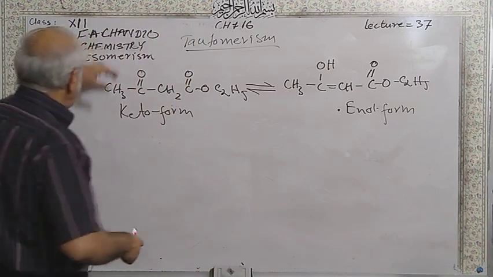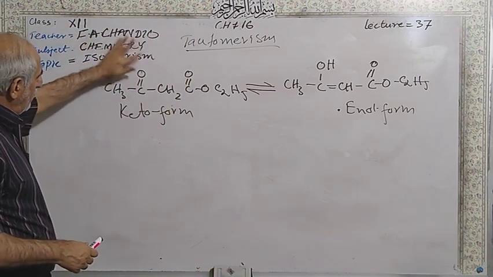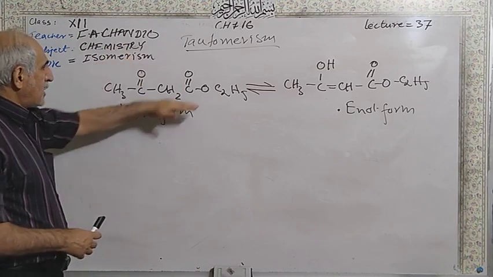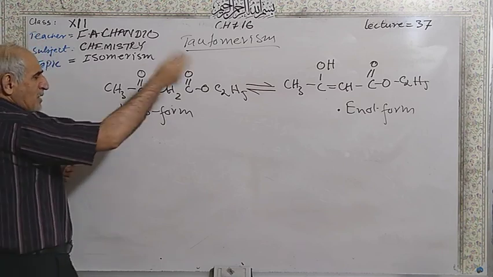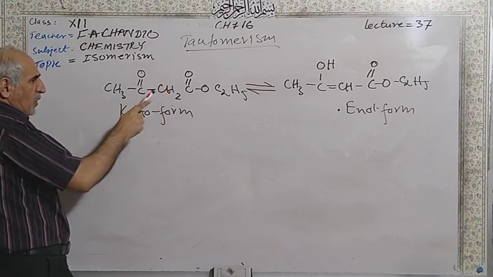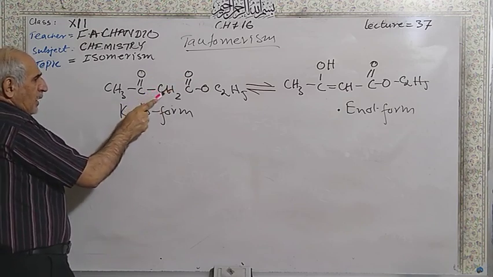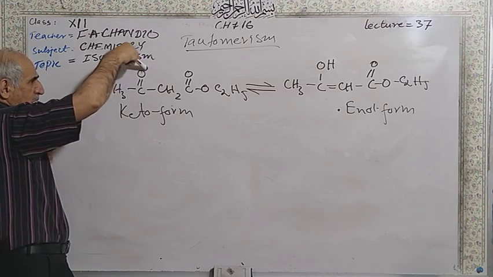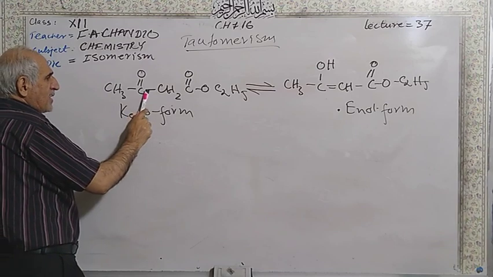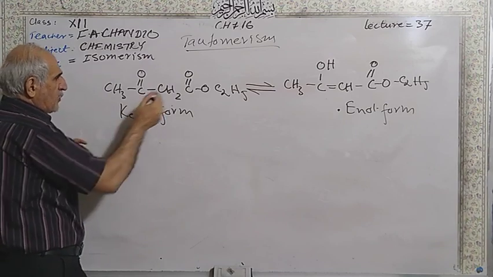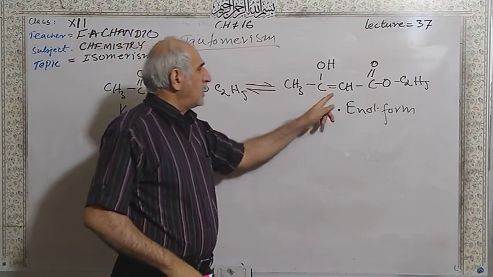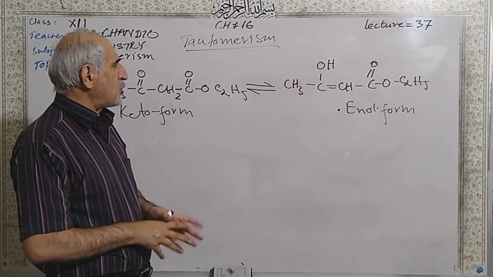So here you are seeing that this carbon is a ketone group. What happens on the other side? One hydrogen from this carbon shifted to oxygen to make an OH group. The valency of this carbon and this carbon is not satisfied, so a double bond is attached between the two carbon atoms to satisfy the valency.